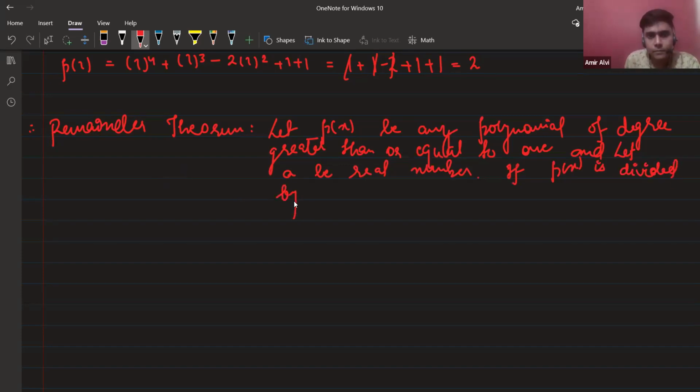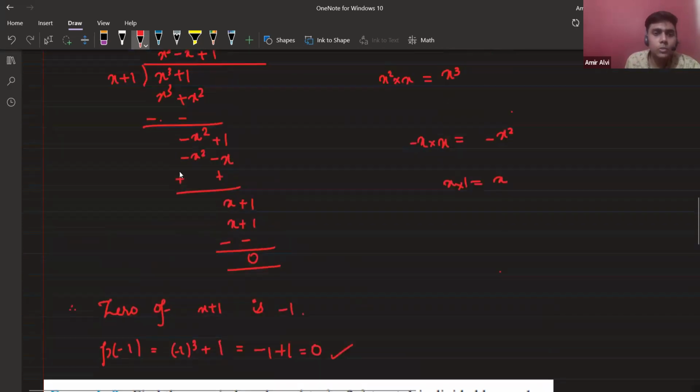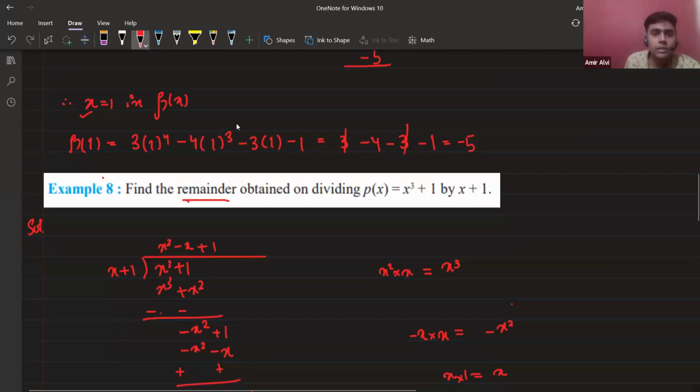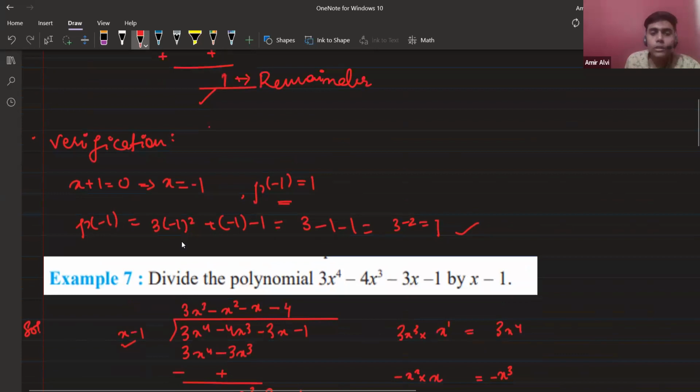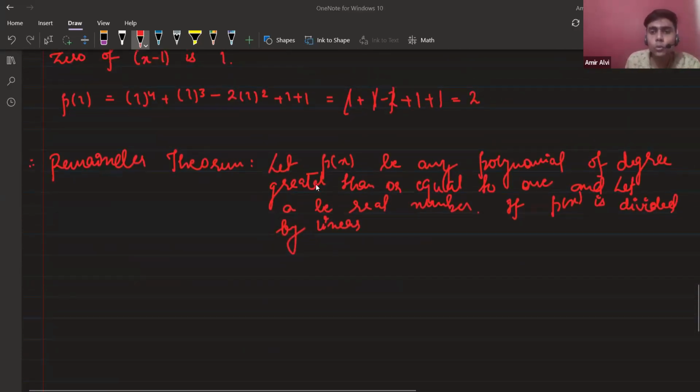by a linear polynomial, in all the questions you see that all the terms are linear. This is x minus 1, this is x plus 1, and this is again x minus 1. So the degree of the divisor polynomial is linear, yes or no?